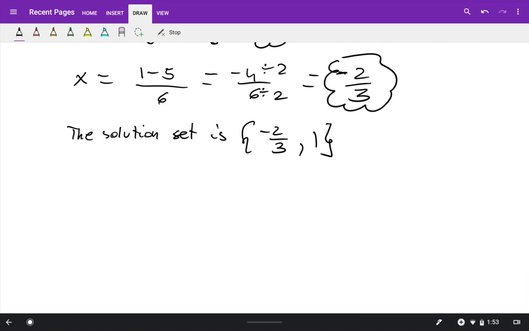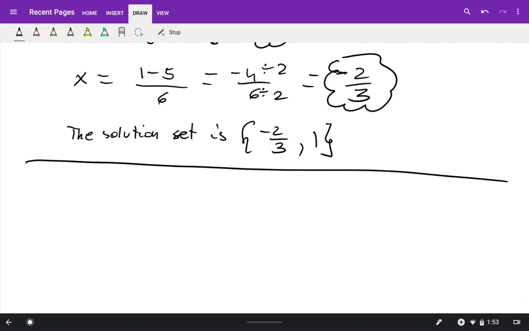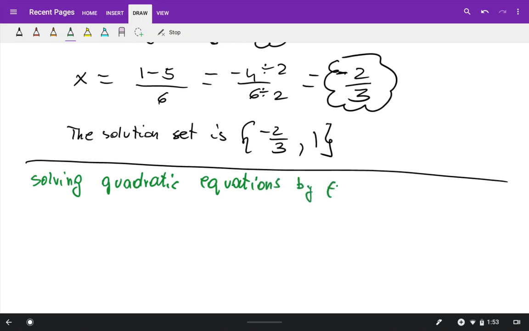Okay, next one, what I want to show you guys. I want to show you how to solve the quadratic equation using the AC method, which is factoring. By factoring, there are many ways you can solve it.